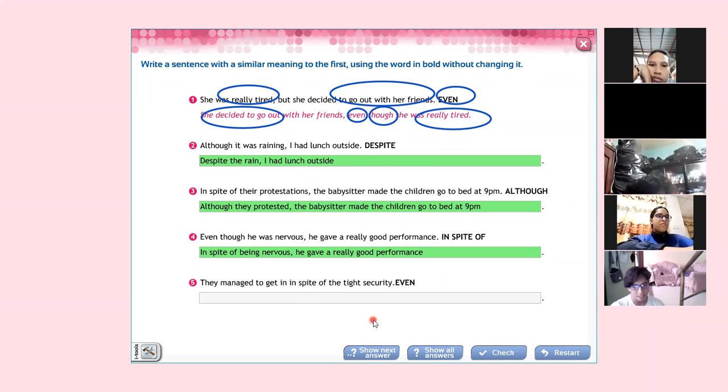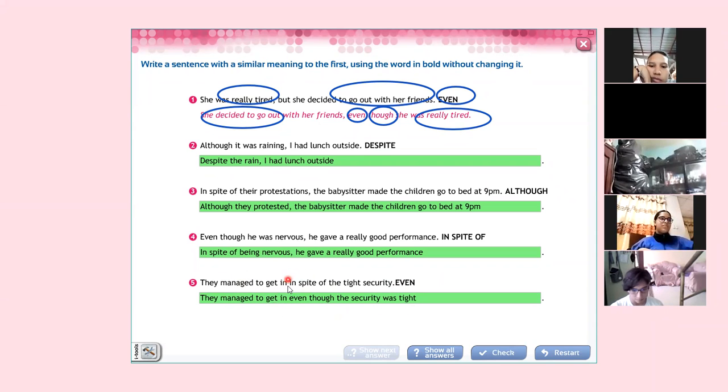Even they managed to, even of the tight security. They managed, okay, read. They managed to get in even though the security was tight. Remember that you have to omit, in this case, the other linker that you have here, okay? They managed to get in even though the security was tight, a pesar de, okay, in spite of.